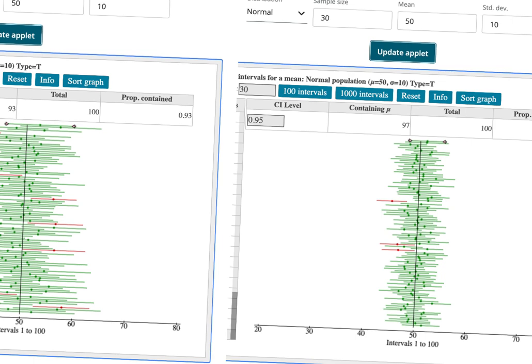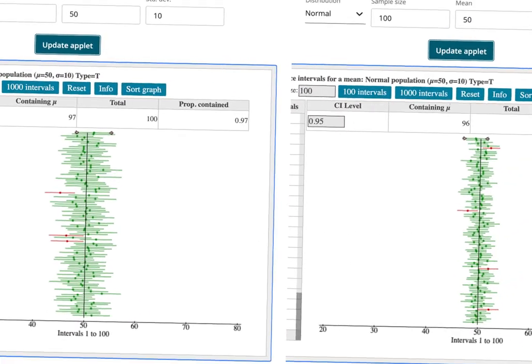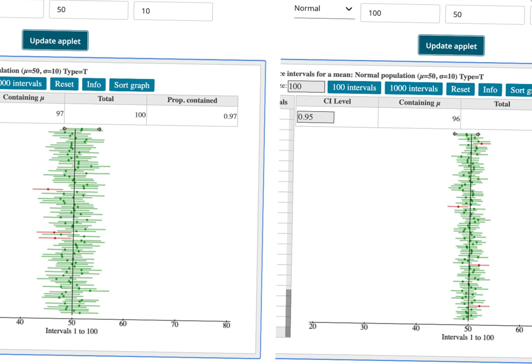This one interval at the top, if I just look at that one interval, it's narrower than the one that was over here. Why? I sampled more. So I have s over square root of 30 instead of s over the square root of 10. Dividing by 30 reduces my standard error, which impacts the confidence interval width.